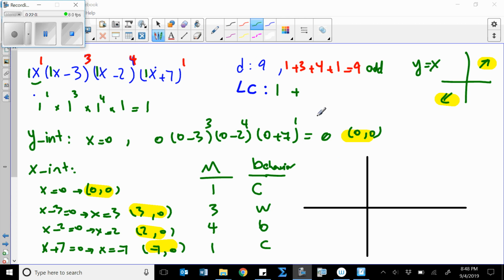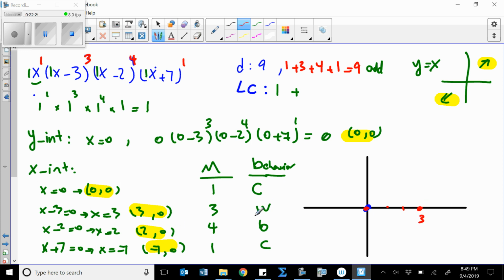Okay, so let's start with the y-intercept, which is at (0, 0). So I'm going to mark it here. This is my y-intercept at this point. And then the x-intercept is at (0, 0), which is the same place as this one. Then (3, 0), so let's say this is 1, 2, and 3, so it's here.